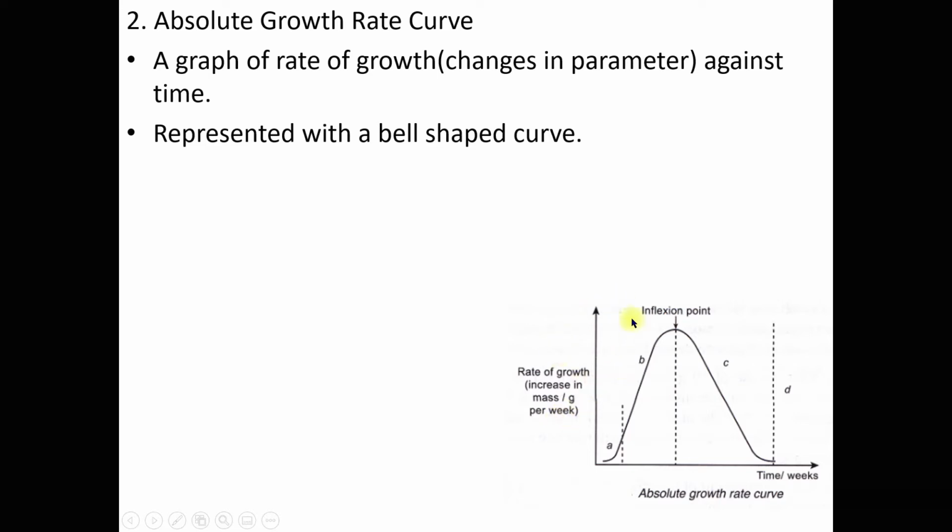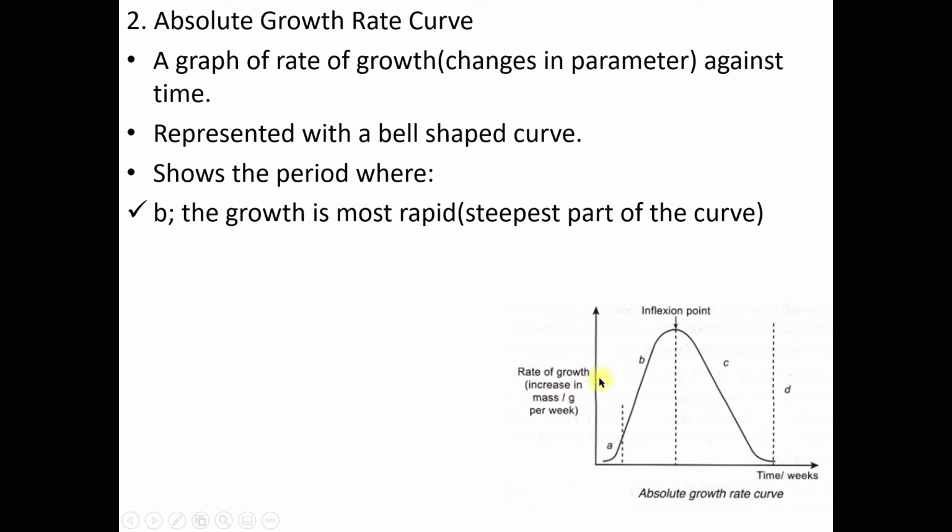Now, this bell-shaped curve will show you the period where the growth is most rapid, as I mentioned earlier, because this is the steepest part of the curve. So the growth here is the most rapid.